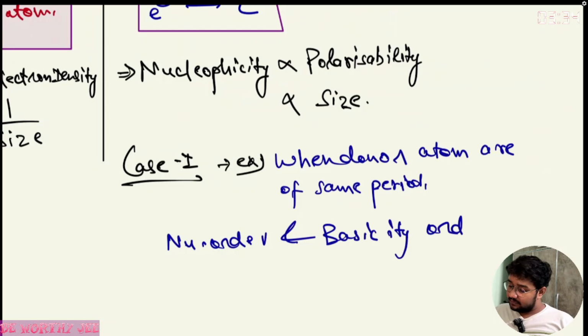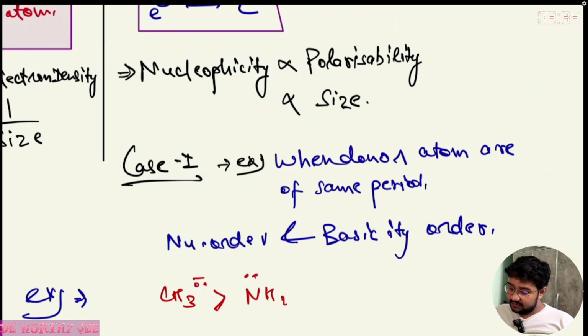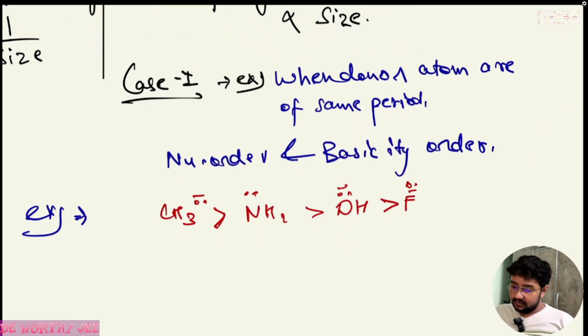Example: CH3 minus, NH2 minus, OH minus, F minus. So the nucleophilicity order is like that, and the basicity order is also the same.